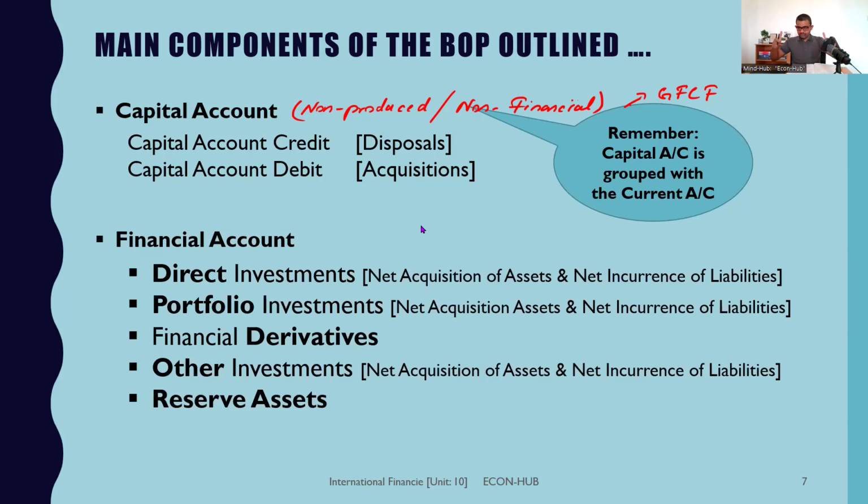Financial account. Okay. First thing I want to say is, the components of the financial account, someone could call them the sub accounts, items, whatever it is, I'll call them the sub items. I feel that's a good term. Sub items 5.